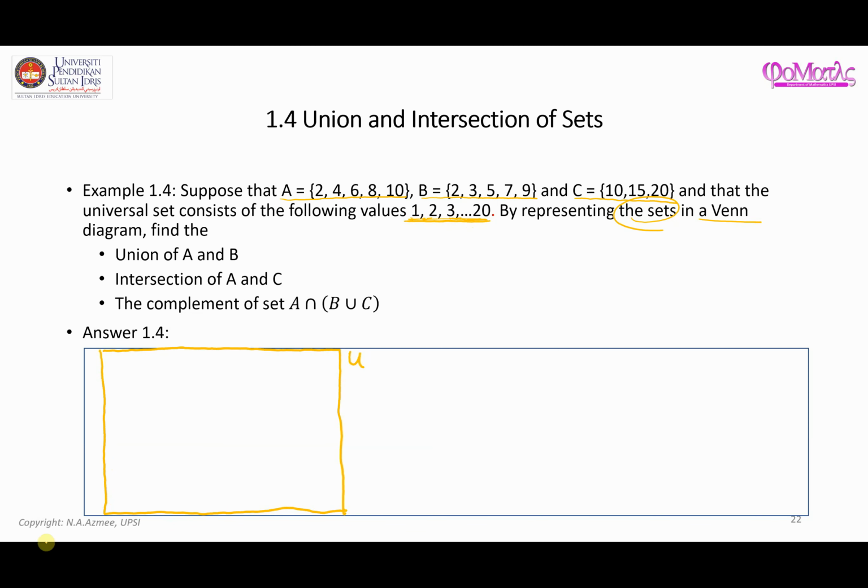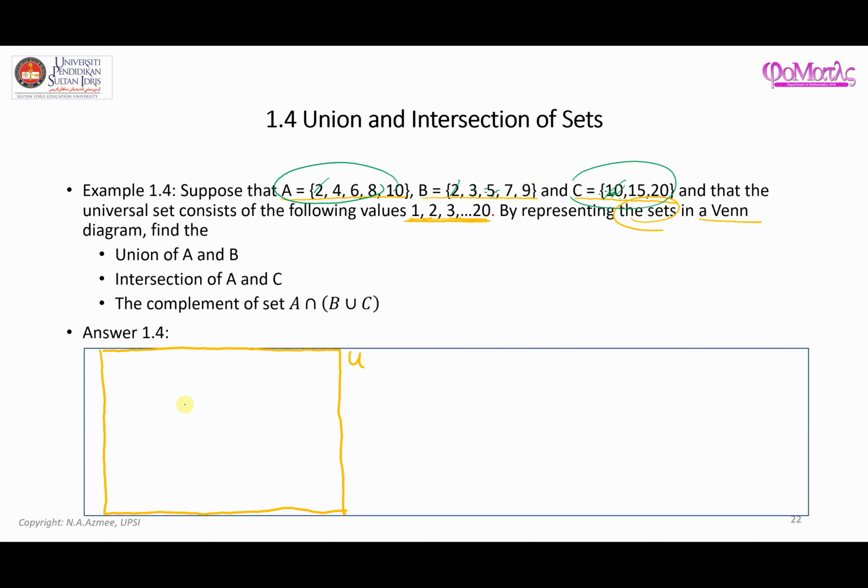Roughly, you can see that here we have set A where the elements are shared, 2 and 2, and then we have another set, C, which doesn't share any similar elements with B, but you can see that 10 is also included in set A. So roughly you get the idea of how you can construct the circles inside this rectangle.